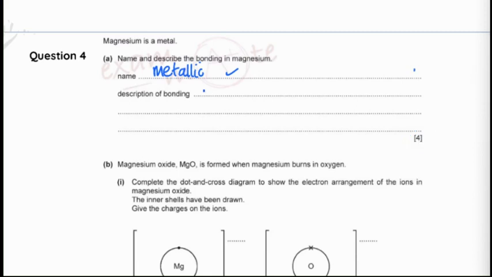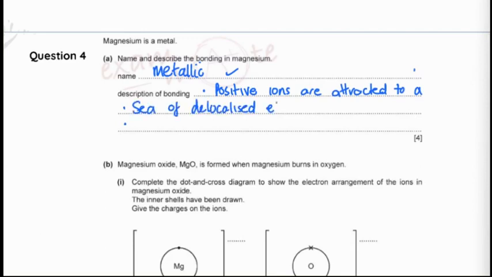So we bullet point it, and you'll notice they've given you three lines in which to write your answer. So the first thing is that there are positive ions attracted to a sea of delocalized electrons by a strong electrostatic force.